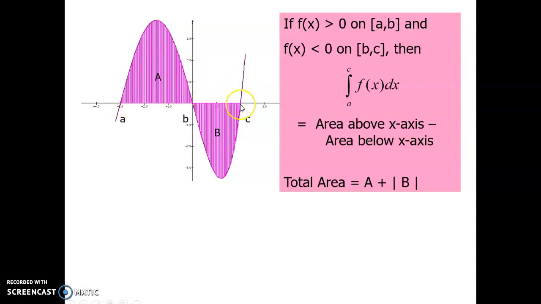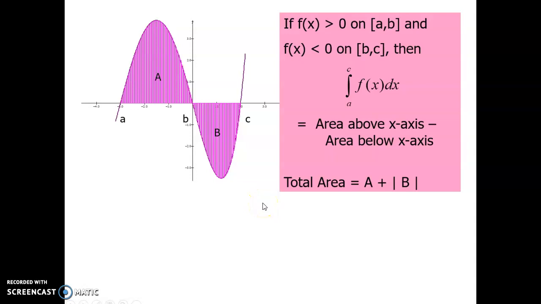So from a to c, overall, the antiderivative will rise A units, fall B units. So overall, I will have what my integral is from a to c. Now in this particular case, it looks like A is greater than B. So it looks like overall my integral from a to c should be a positive quantity because the antiderivative curve will rise more than it falls.